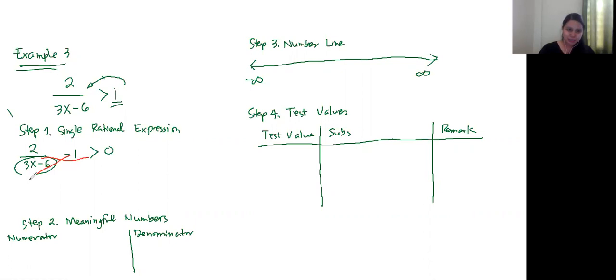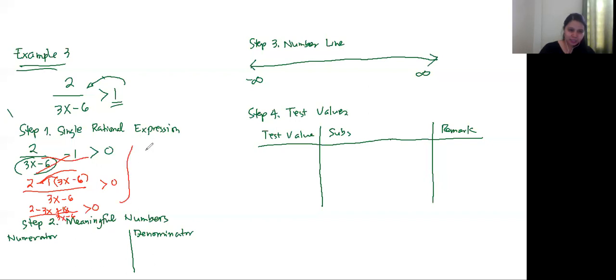So it becomes 2 minus 1, quantity 3x minus 6, all over 3x minus 6, greater than 0. It will give you the same answer. So we will have 2 minus 3x, distribute that one, plus 18 over 3x minus 6, greater than 0.